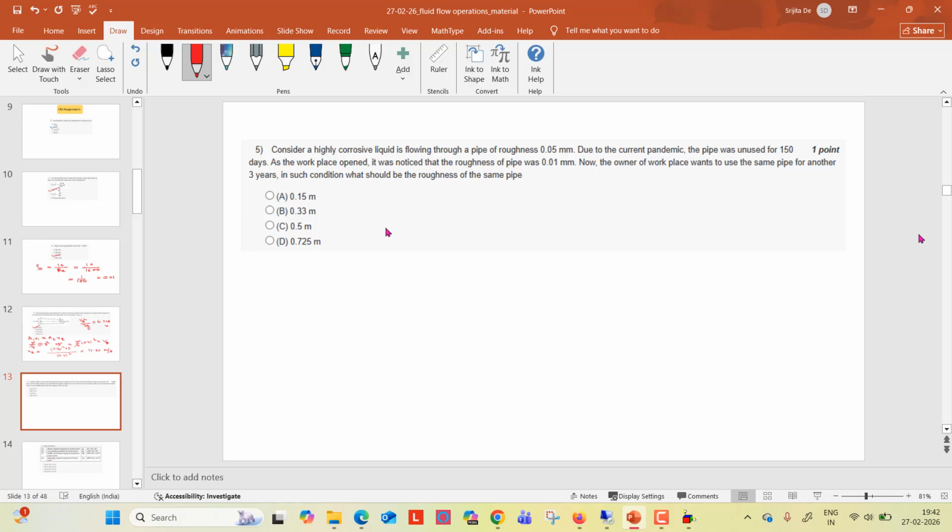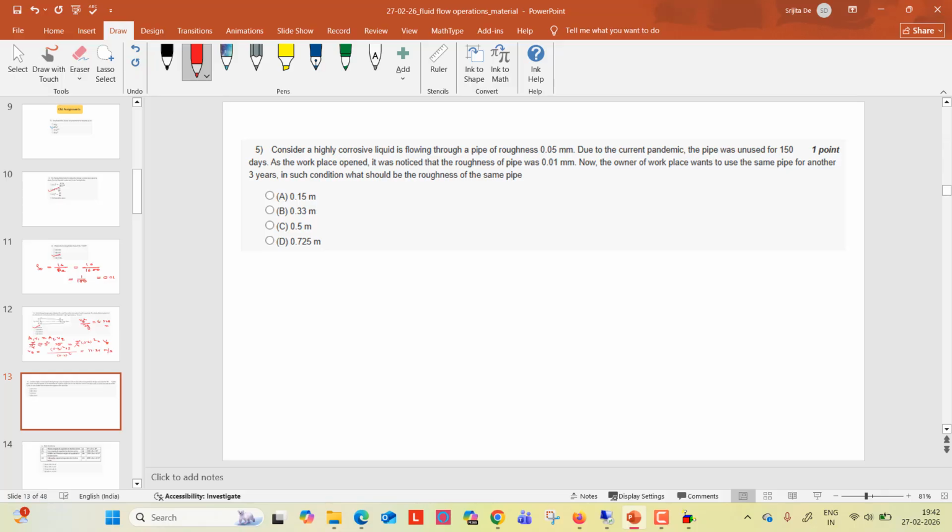Next, consider a highly corrosive liquid flowing through a pipe of roughness 0.05 millimeter.